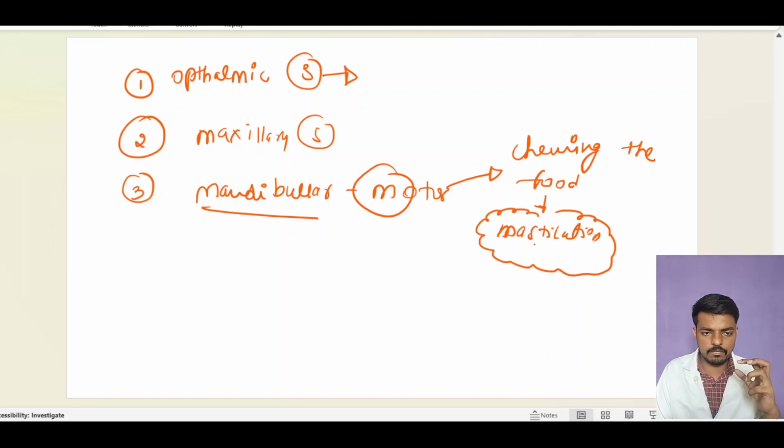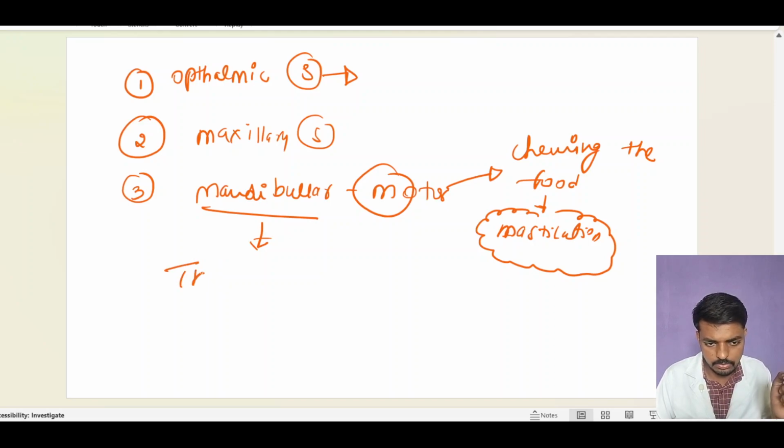If there is any damage to this trigeminal nerve, meaning any damage to these three branches, that is called, very important for your medical surgical topic, trigeminal neuralgia. What is neuralgia? Neuralgia means nerve pain.